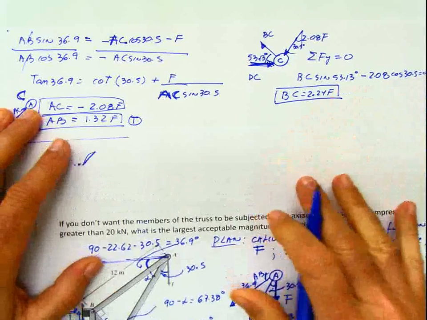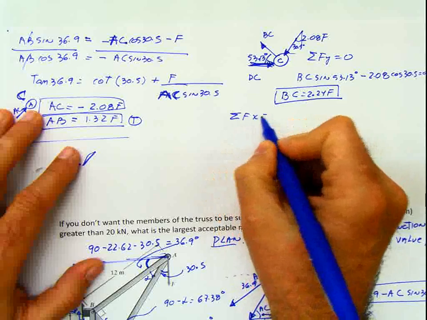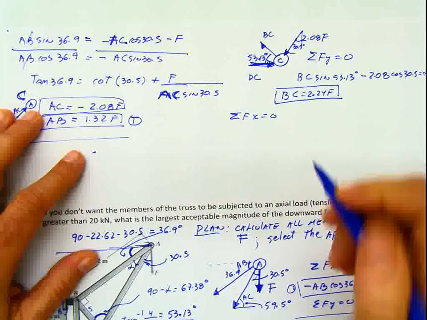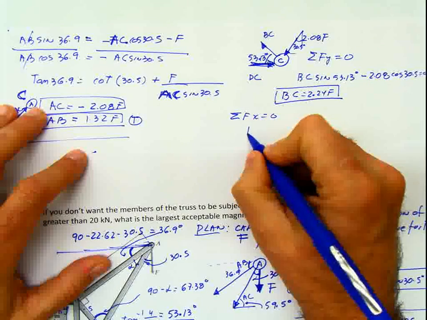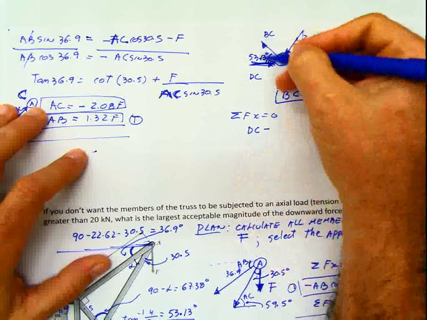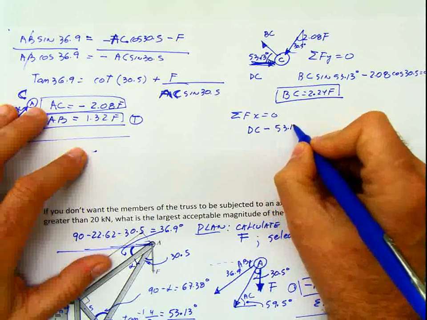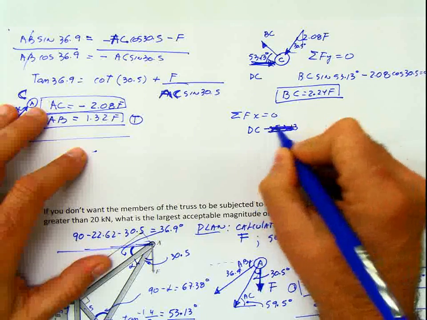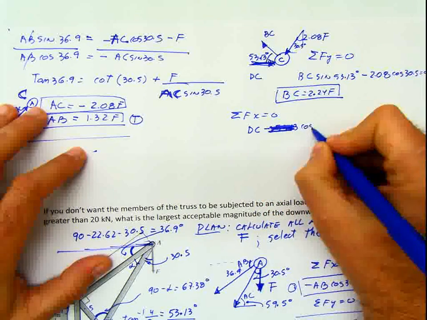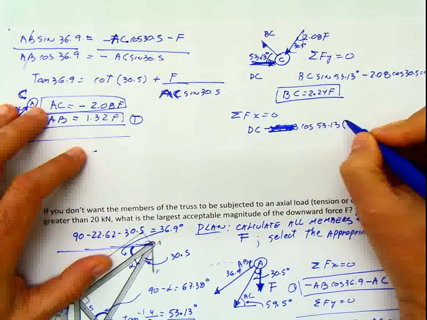And if I do now summation of forces in x equals 0, then we get that DC minus the horizontal component of BC, 53.13, this is the sine. This is the cosine of 53.13 multiplied by the force BC.